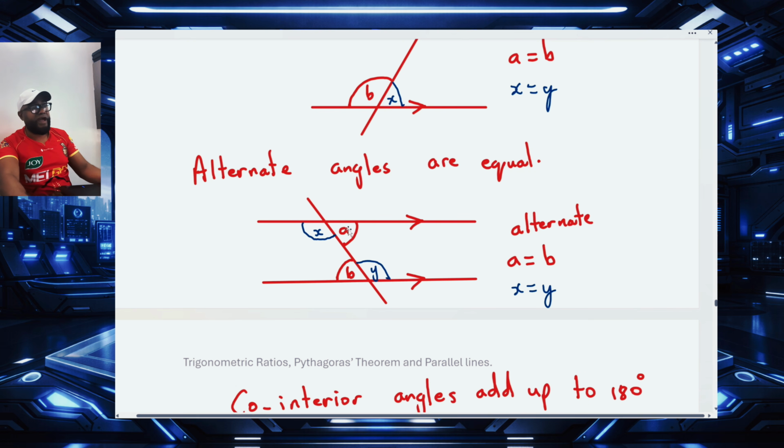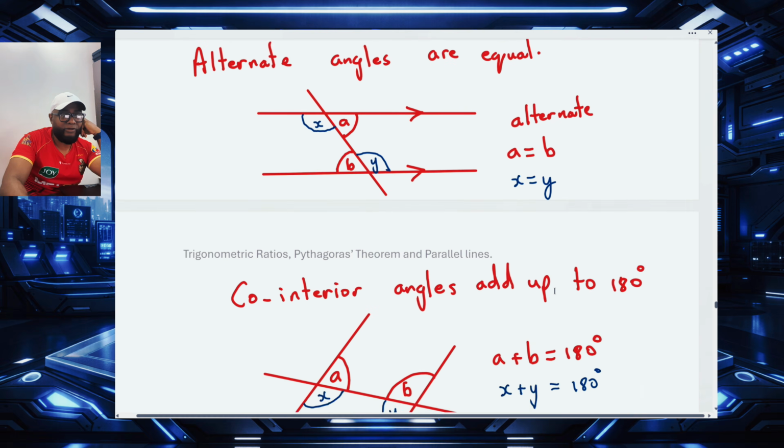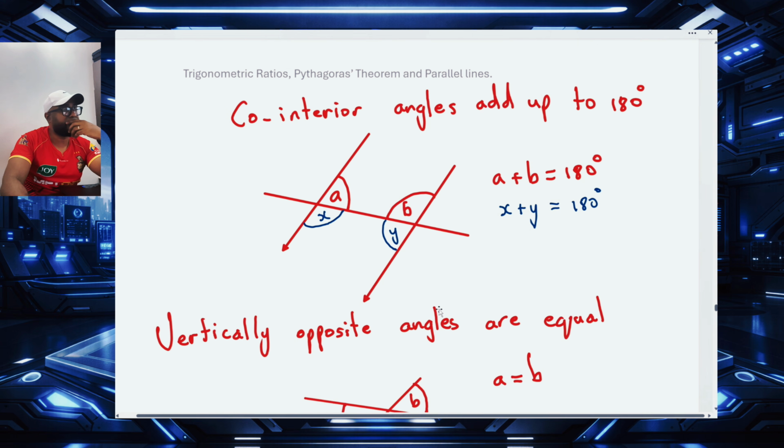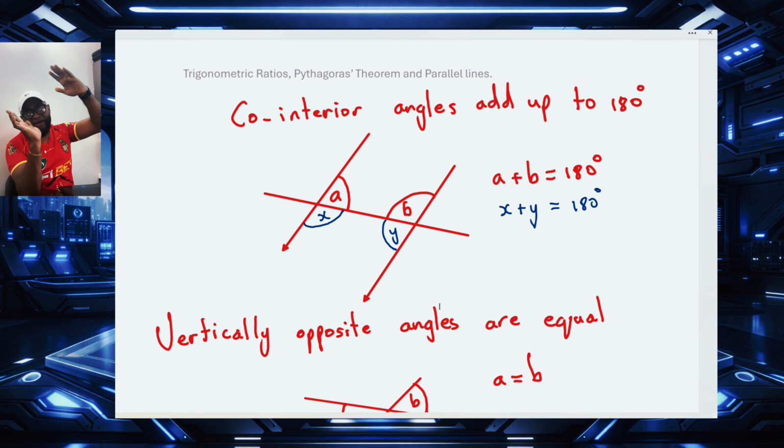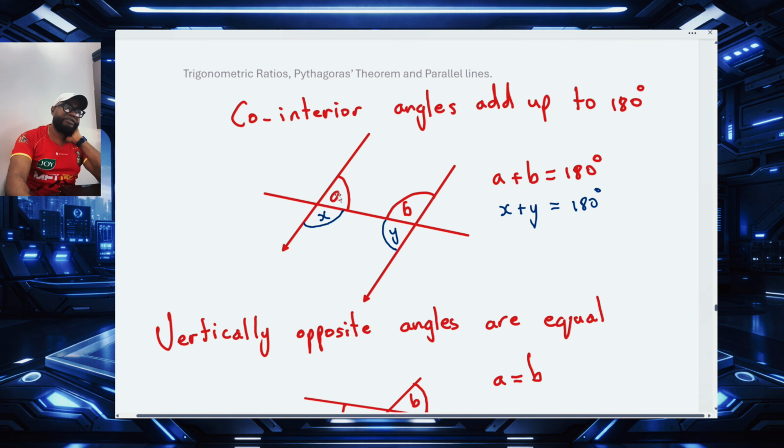If you have an A here, on the other side will be B; these are alternate angles, they are equal. Co-interior angles add up to 180 degrees. Co-interior, you hear the word interior, it's inside the pair of parallel lines. So this angle on this side plus this angle on this side would add up to 180 degrees. These two angles will also add up to 180 degrees.